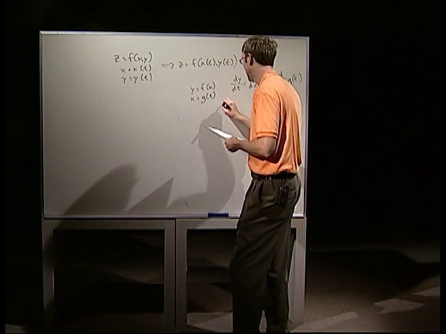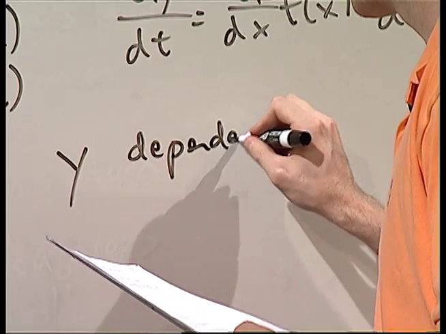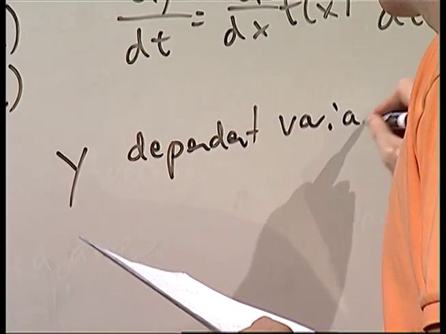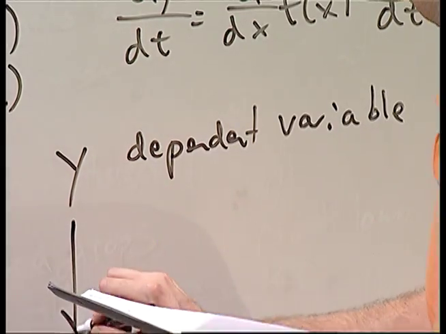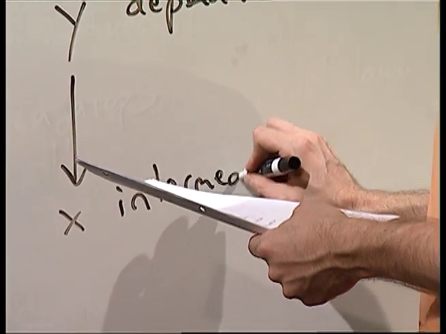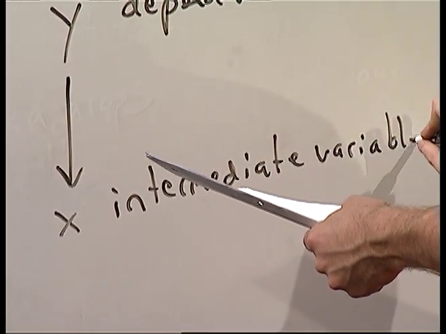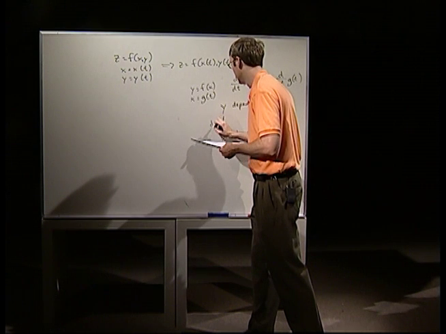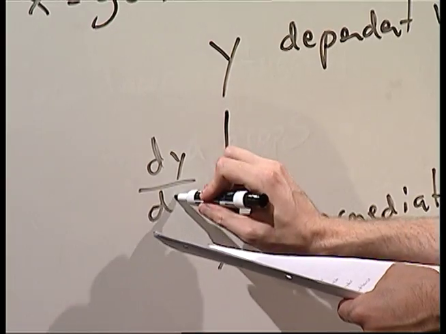And we can even draw a little picture here, which I think is useful. So y is our dependent variable here, right? That's sort of the final answer. And then we drop down to x, which is kind of intermediate. So x is a function of t, and then y is a function of x, so x is kind of in the middle, right? And then you get this dy dx term right there.